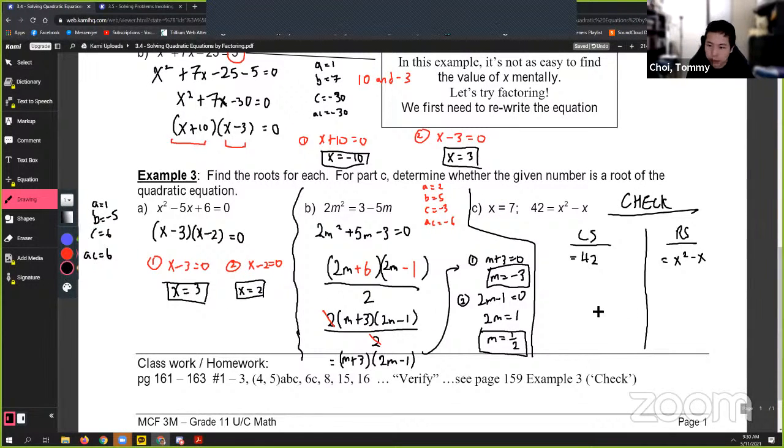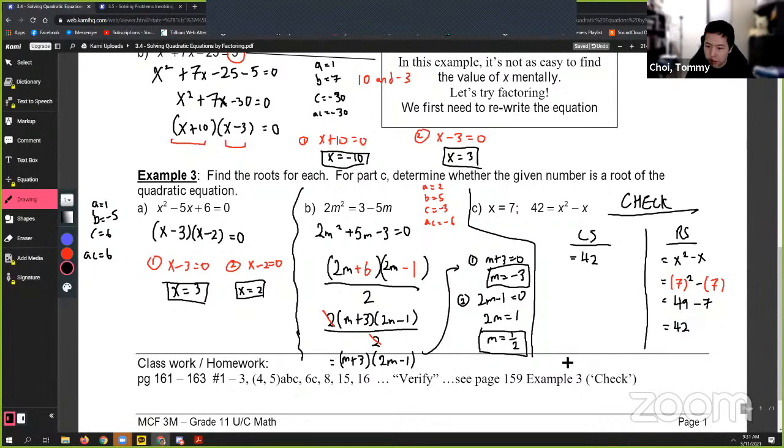On the right side, we plug things in: x is 7, so that's 7 squared minus 7. We then solve it on the right side. 7 squared is 49. 49 minus 7 gives us 42.